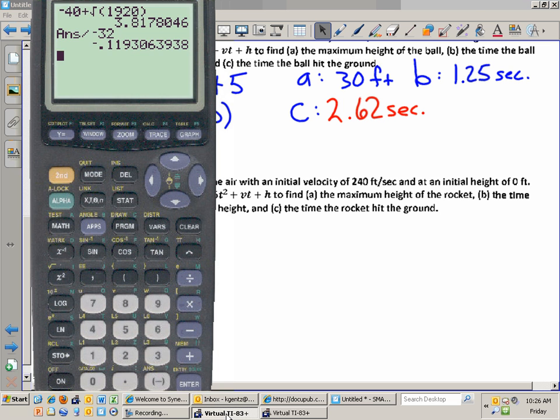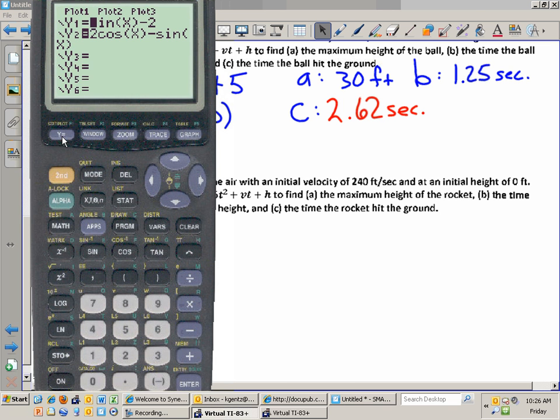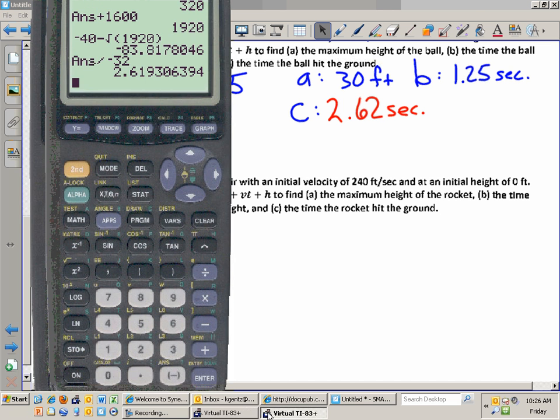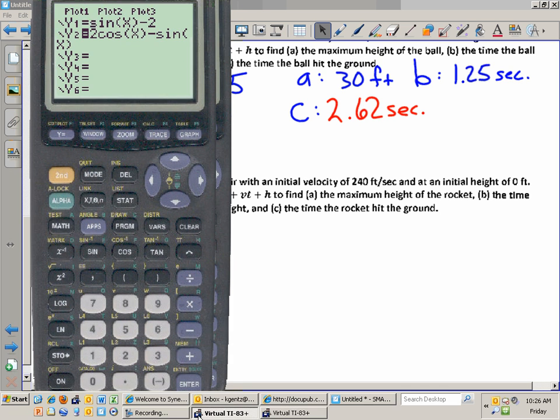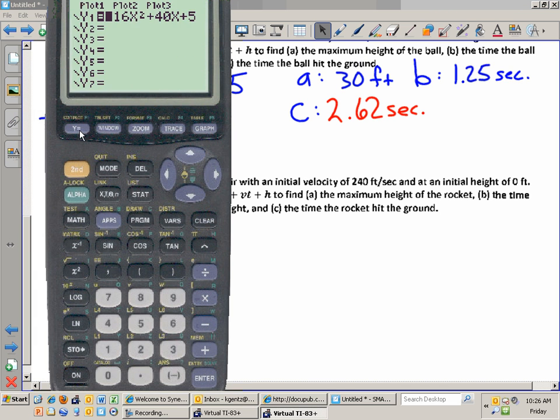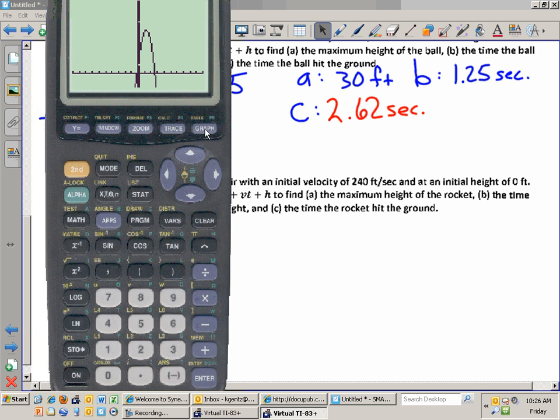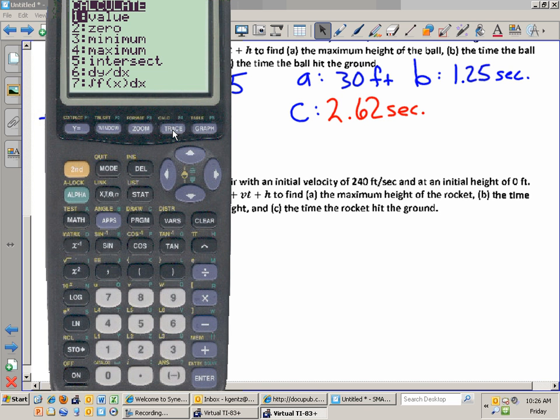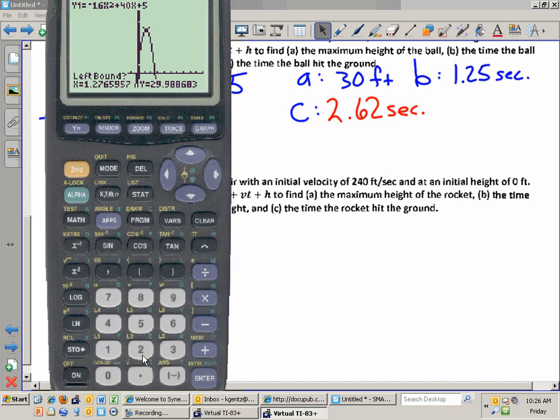If you don't want to do that by hand, you can again graph it, and you want to find this spot. You press second trace, and which one do you select? Number 2, which is 0.